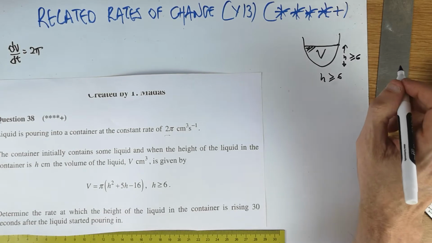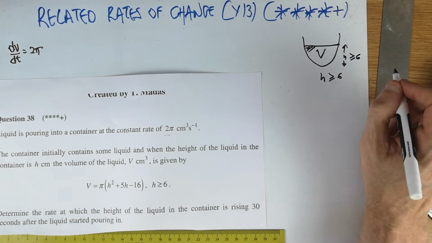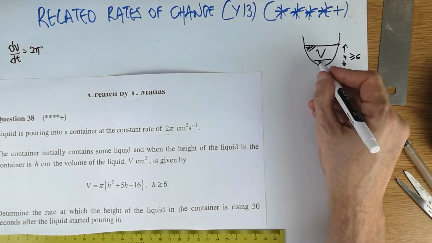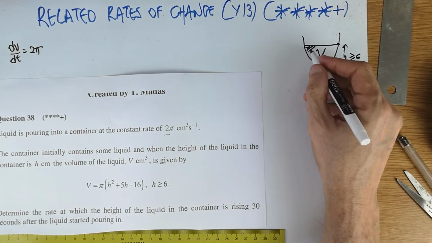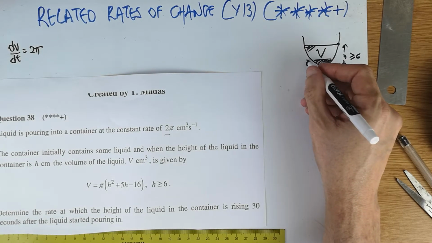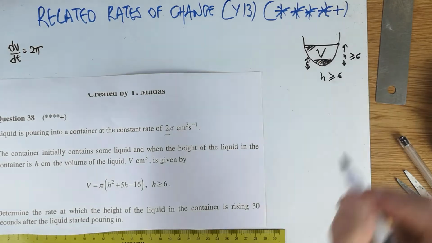Why is it 6? It's probably up to 6 is what the water was to start with. So this 6 here is the initial amount of water that was in there.